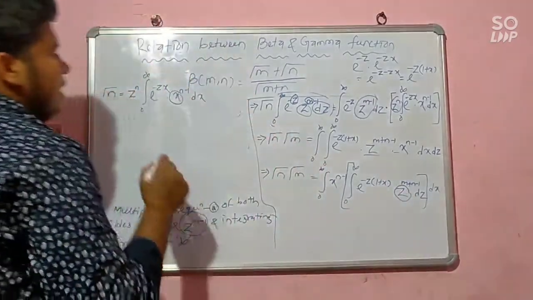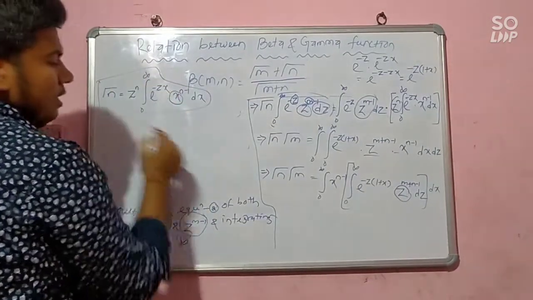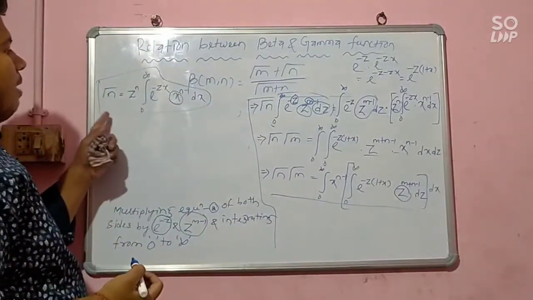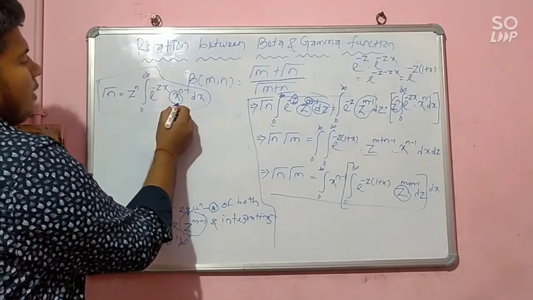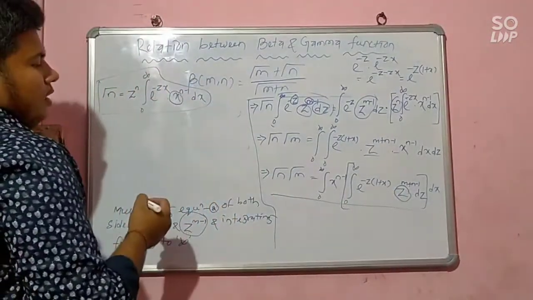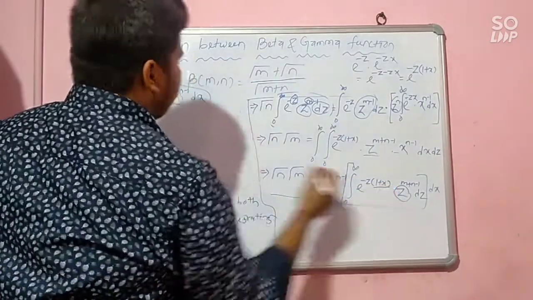Okay students, compare this property of gamma function with this equation. See, in the place of x, here is z, and in the place of z, here is 1 plus x.